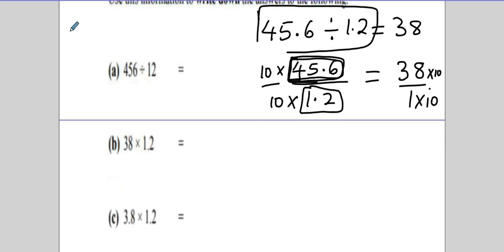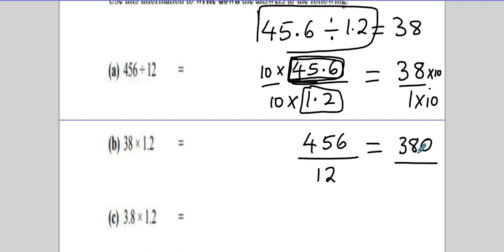Let us see what will happen. 45.6 times 10, the answer is 456. And 1.2 times 10, the answer is 12. When you look at the right hand side, this will be 38 times 10, that will be 380. 1 times 10, that will be equal to 10.